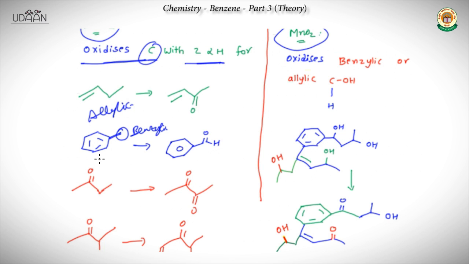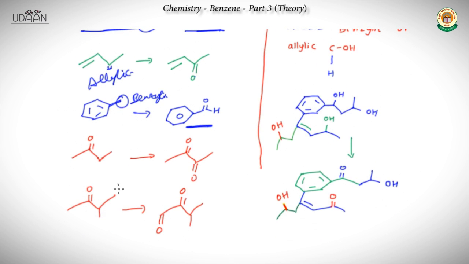I have shown you here. For benzylic it's getting converted to C=O, that is benzaldehyde, whereas for allylic you are getting a double bond O here, that is this compound. And as you can see, for this compound, if you treat it with SeO2, you will get a double bond O here but not here.